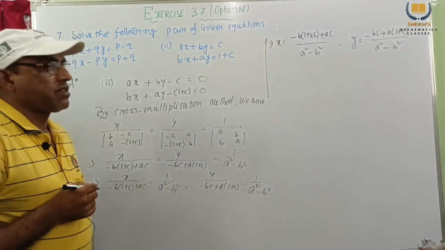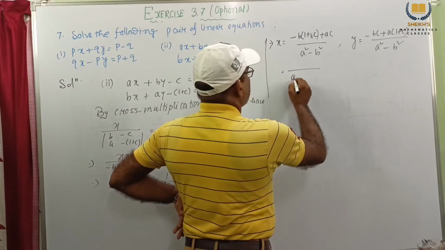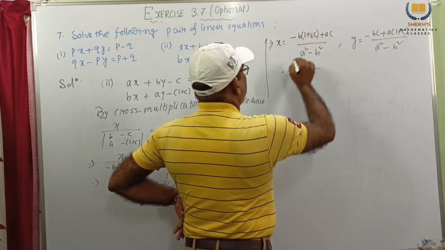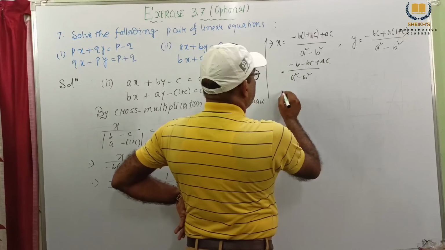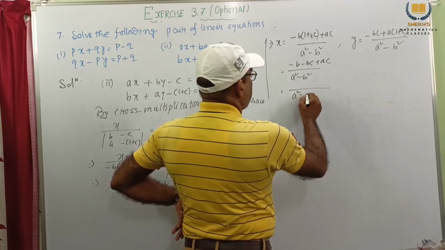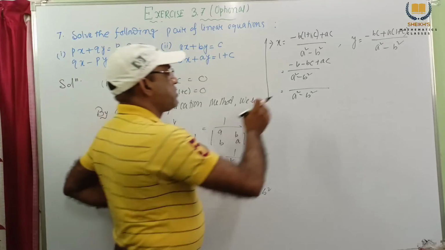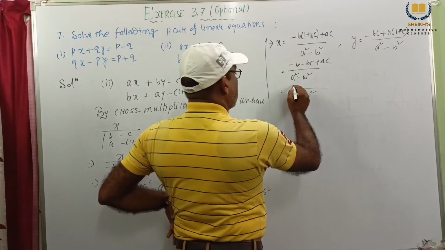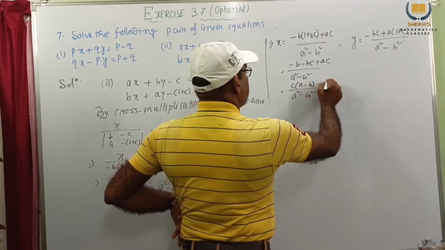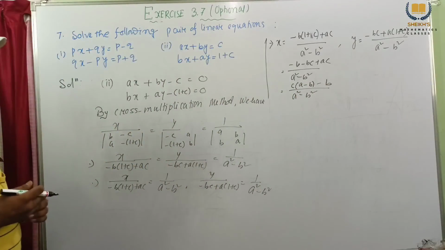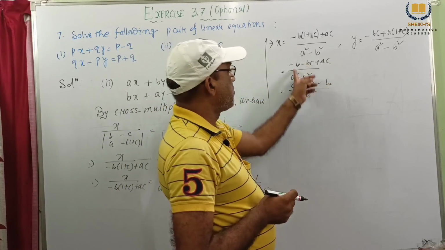So the denominator is a square minus b square, and if we multiply this one, minus b minus bc plus ac, so we get this a square minus b square in the denominator. Next, from these two, taking c common, then a minus b, and this is minus b we get. From these two terms, c common, a minus b minus b.